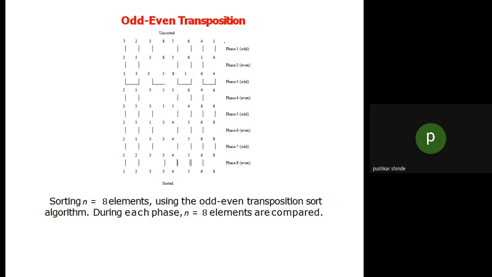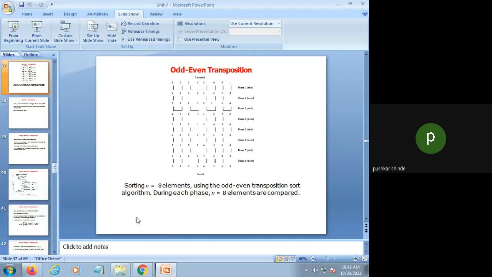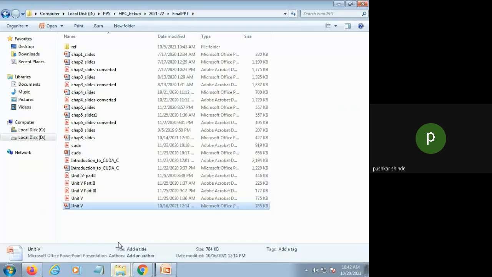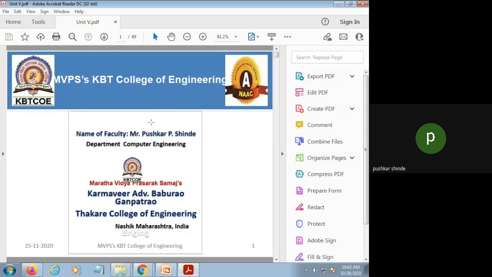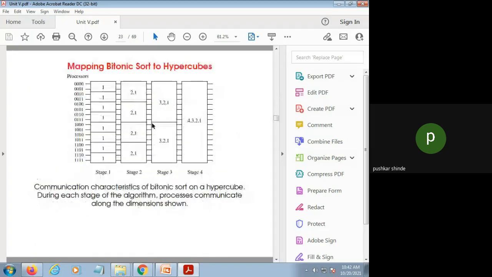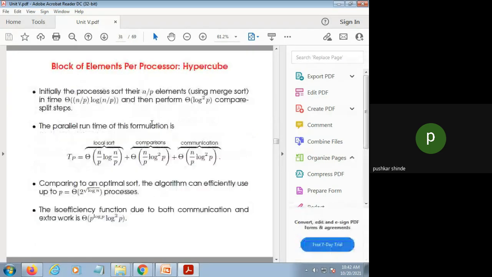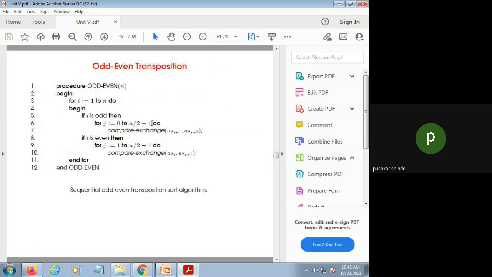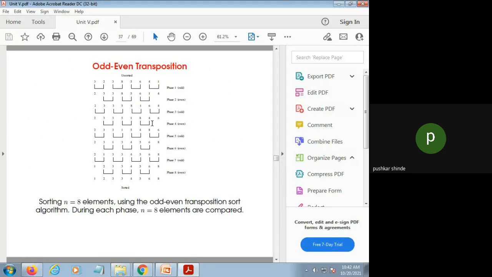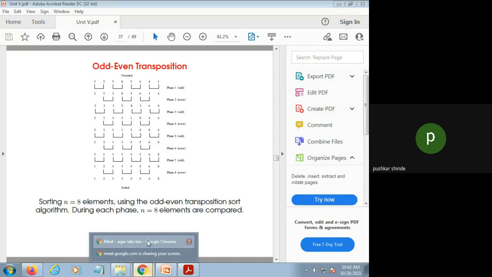Okay, it is not properly visible in this slide. I'll just take another, take it from the PDF. Just a minute. Is it now properly visible, students? Only this diagram I'll take from the PDF.